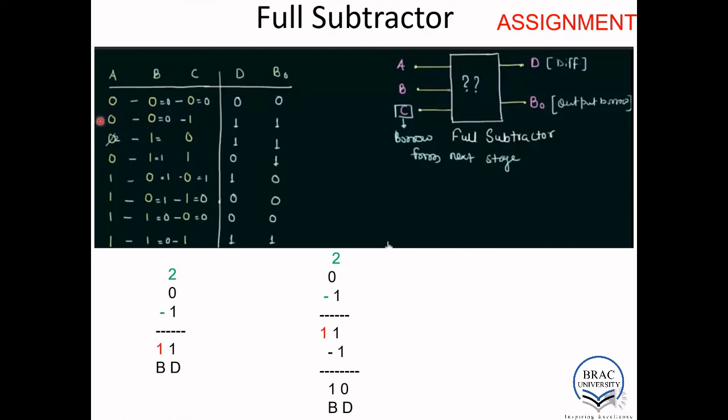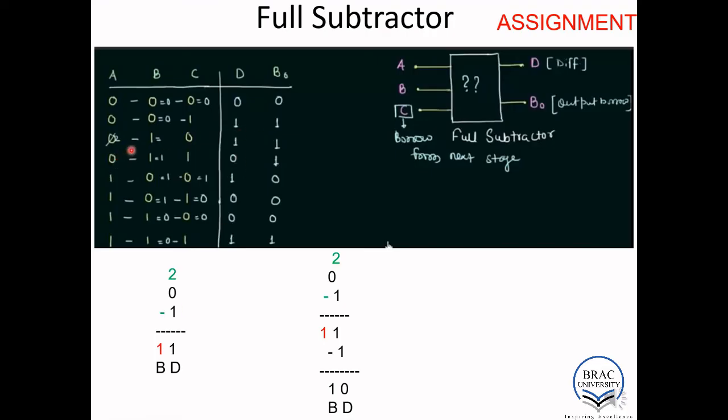Similarly, if you have 0 0 0, then 0 minus 0 is 0, and again 0 minus 0 is 0, so your difference is 0, your borrow is 0. For 0 0 1, 0 minus 0, then 0 minus 1: your borrow is 1, your difference is 1. So 1 1.